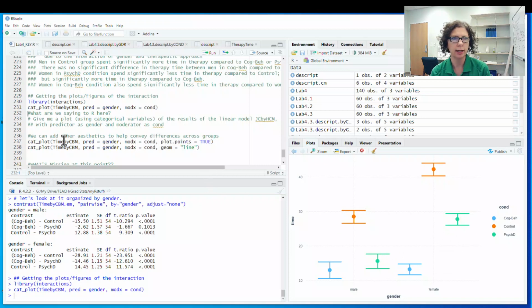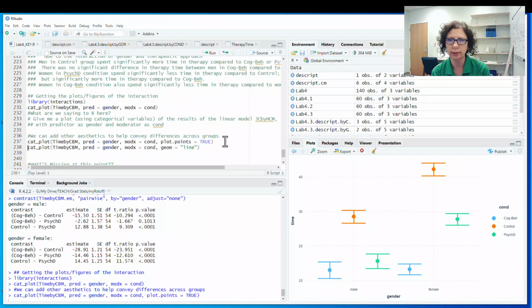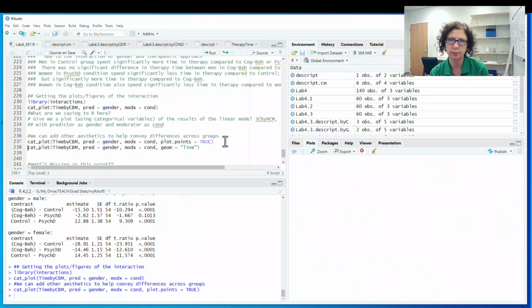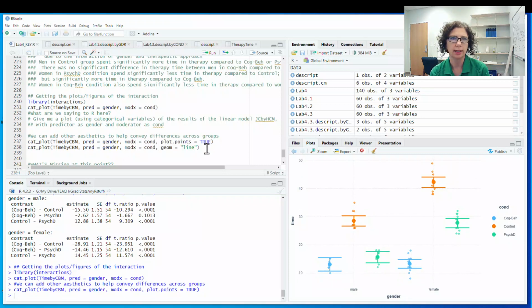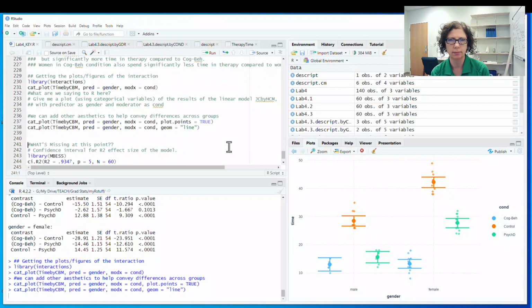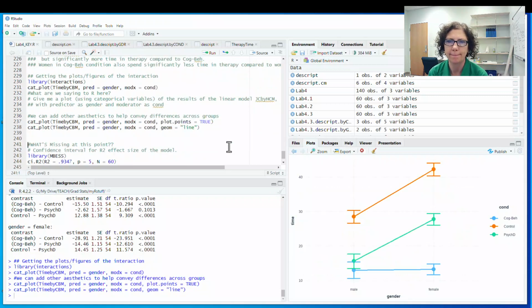Now we can add some other aesthetics to help convey what's going on there. If I add plot points, it would look something like this. And I can add a line between them. And that one helps out a lot, right?